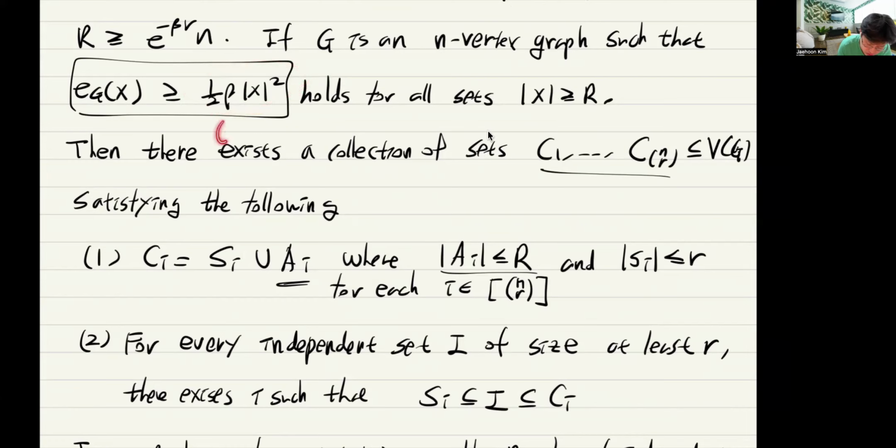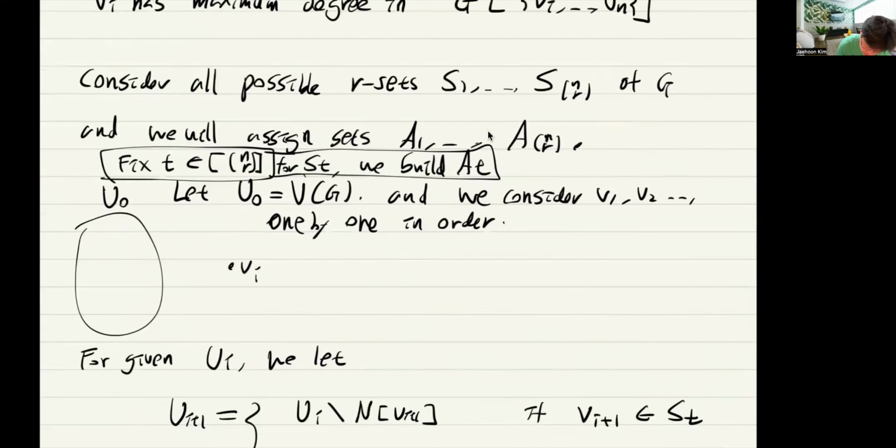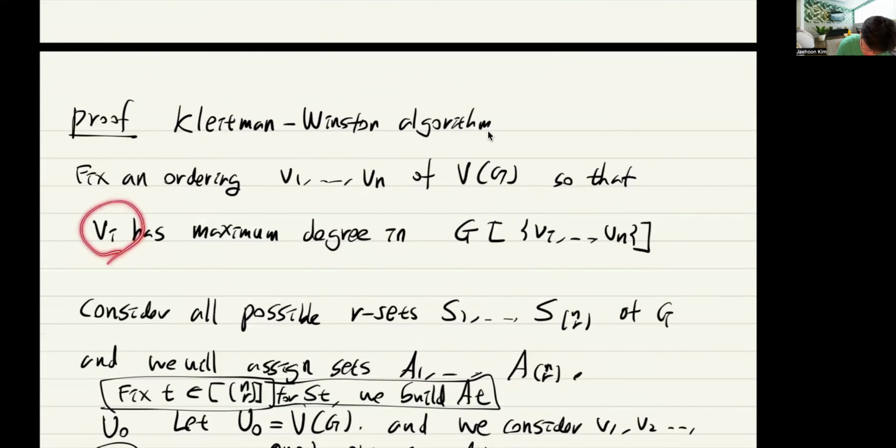So every degree is at least beta x. So when you choose this maximum degree b_i from here, it has at least beta times (n minus i plus 1) neighbors in here.